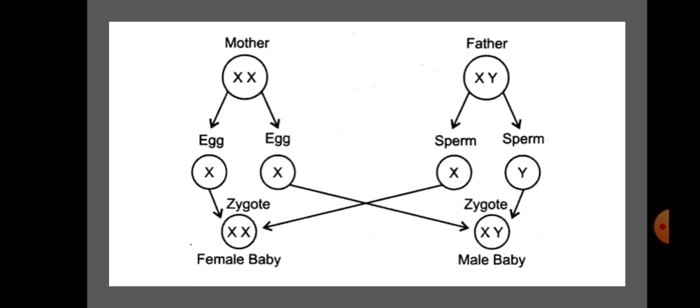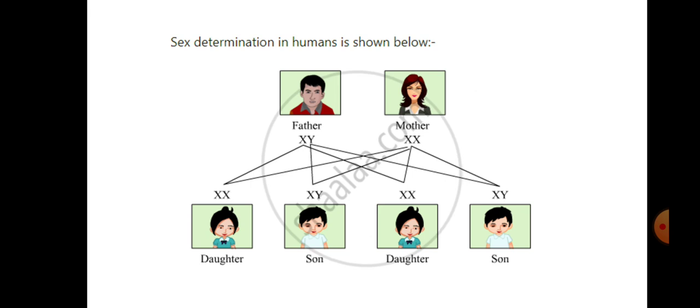The egg of the female always contains an X chromosome. However, the sperm can contain only one of the X or Y chromosomes.